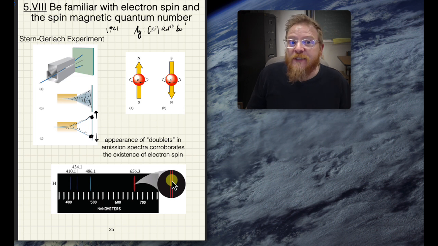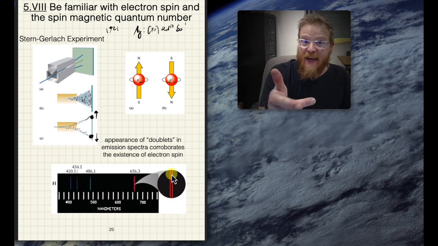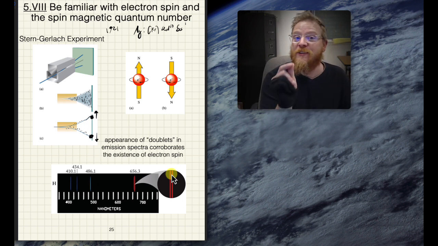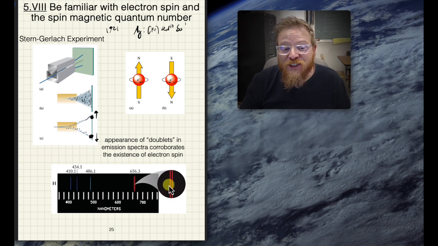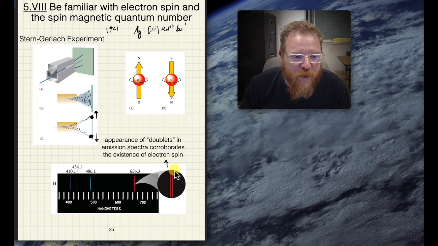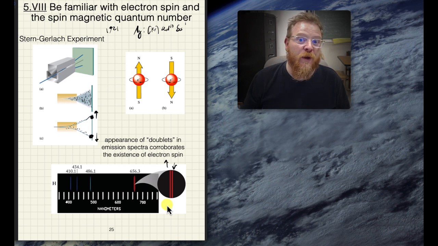Those doublets are due to the fact that we would have some electrons spinning up, some spinning down, and that subtle difference creates enough split in the energy level that we would get two transitions corresponding either to spin up electrons or spin down electrons. And of course, only in the case where we have atoms with unpaired electrons. Okay.